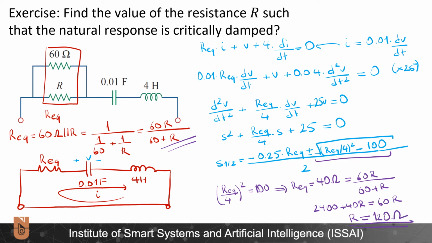In other words, in order to have critically damped response, the R value should be equal to 120 ohms, and the equivalent resistance here should have the value of 40 ohms.